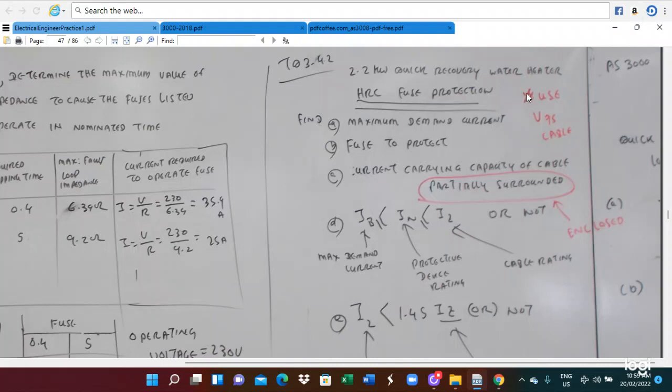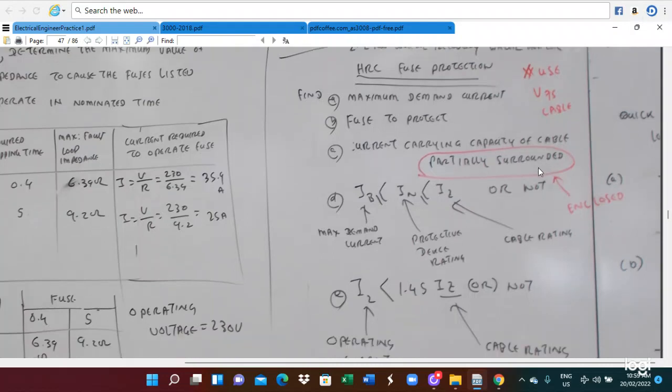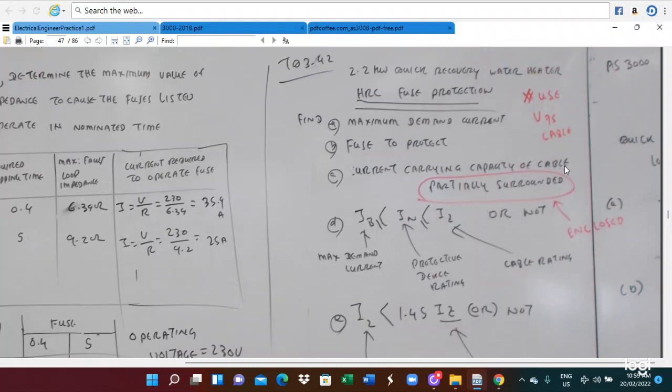In this case, we have to utilize V75 cable, so the operating temperature is 75 degrees centigrade. So we have to find out the maximum current of the fuse to protect, and the current carrying capacity of the cable. Those have to be calculated. In this case, the cable is partially surrounded by thermal insulation, so this is the enclosed situation.